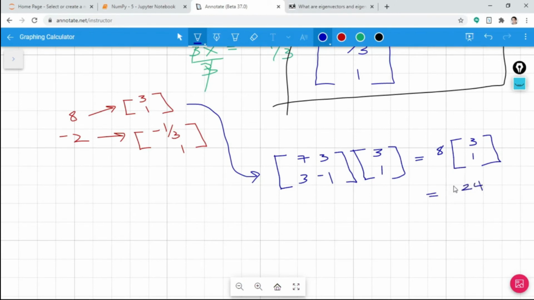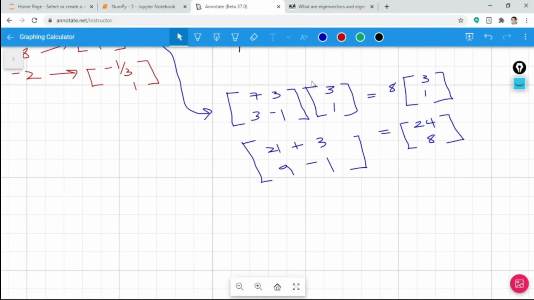24 and 8. If you do this with the matrix multiplication, you will have 7 times 3, which is 21, plus 3 times 1 is 3. So you got 24. And 9 minus 1 is 8.